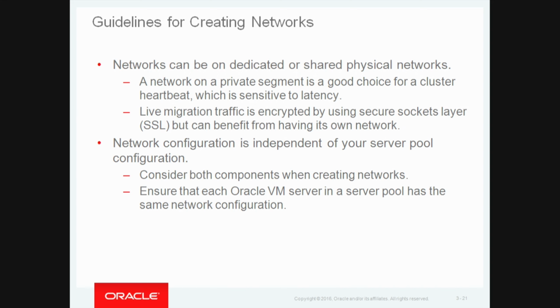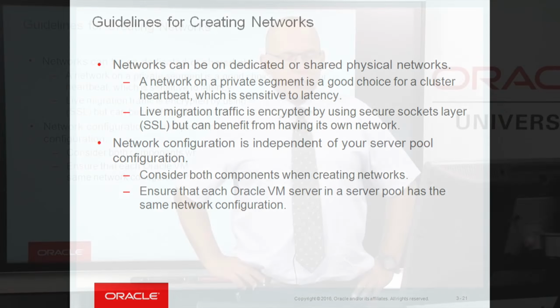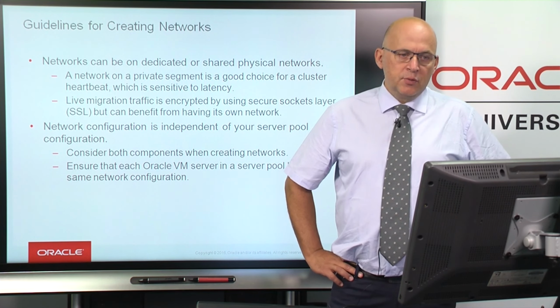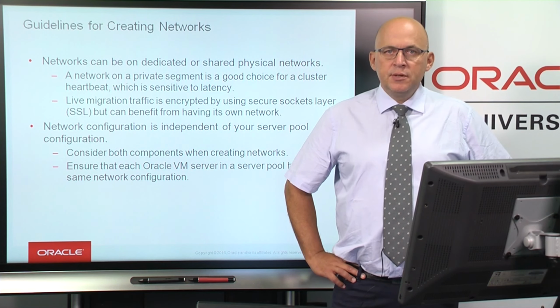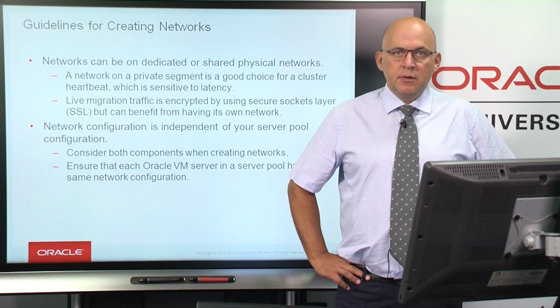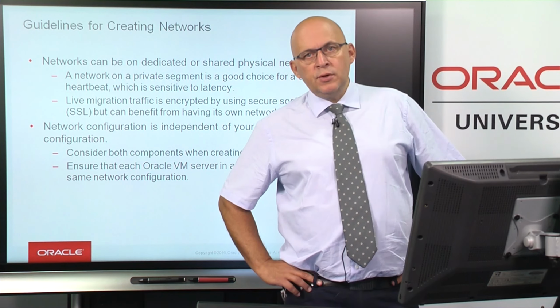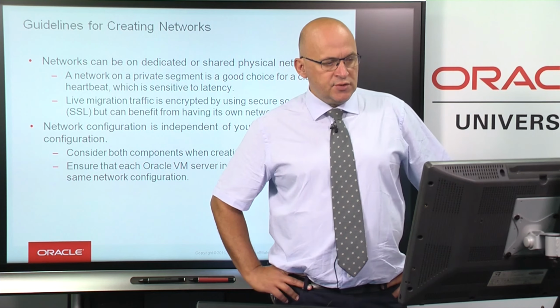This is a good choice because the cluster heartbeat is a very sensitive functionality, and it needs private segments or a kind of isolation not to be disturbed and create additional issues. Live migration will be encrypted by using SSL, and it can be a good choice to have it in a dedicated network in order not to disturb other functions that are running on your servers.